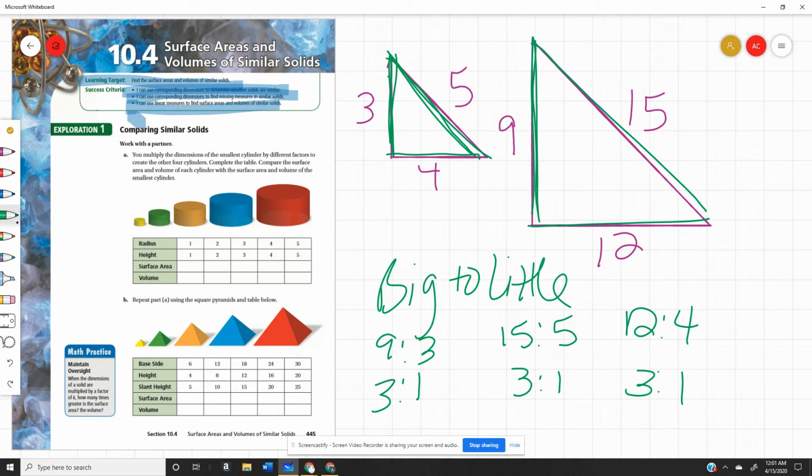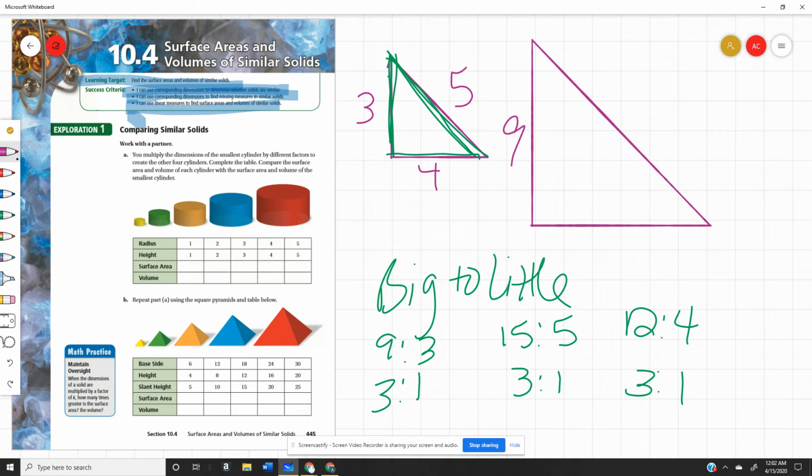And so how I can use this is, say I knew that these were similar, but they only give me the 9, okay? And they tell me that the two triangles are similar, and they tell me to find the missing sides.